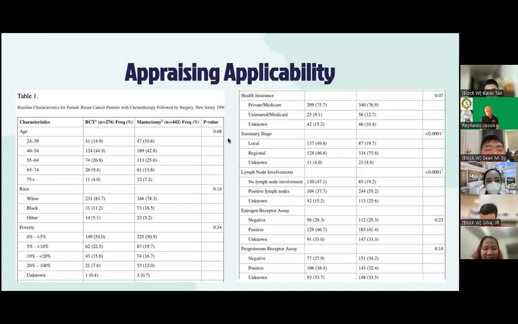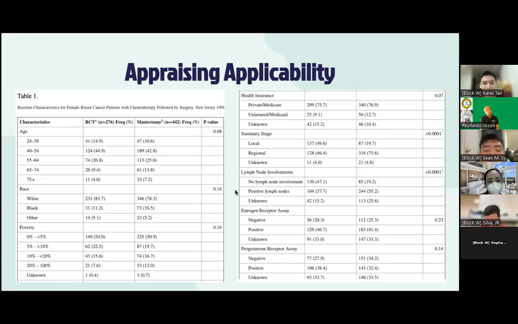Since the study was based in New Jersey, the directory used was from New Jersey. The study primarily features white and black individuals, and very few Asians were included. However, given the rest of the criteria were applicable to the patient, we believe that overall the study is still applicable to our patient.